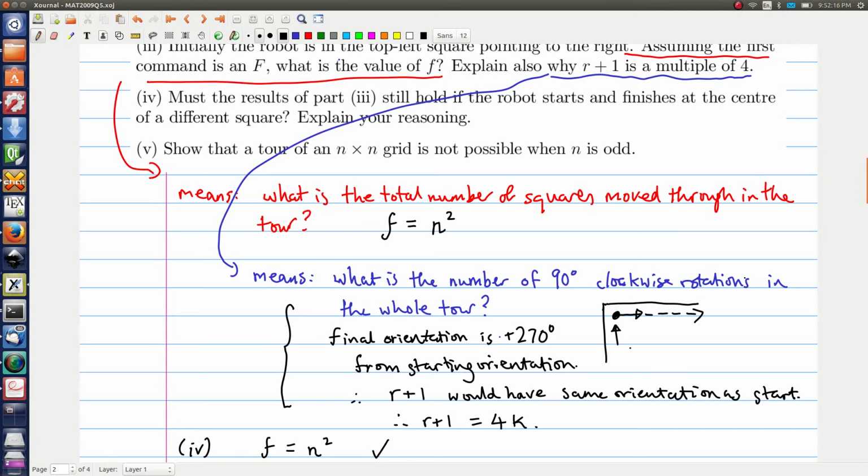Now the last part is probably the most interesting part, because it really requires you to think out of the box a little bit. The last part says, show that a tour of an n by n grid is not possible for odd values of n.